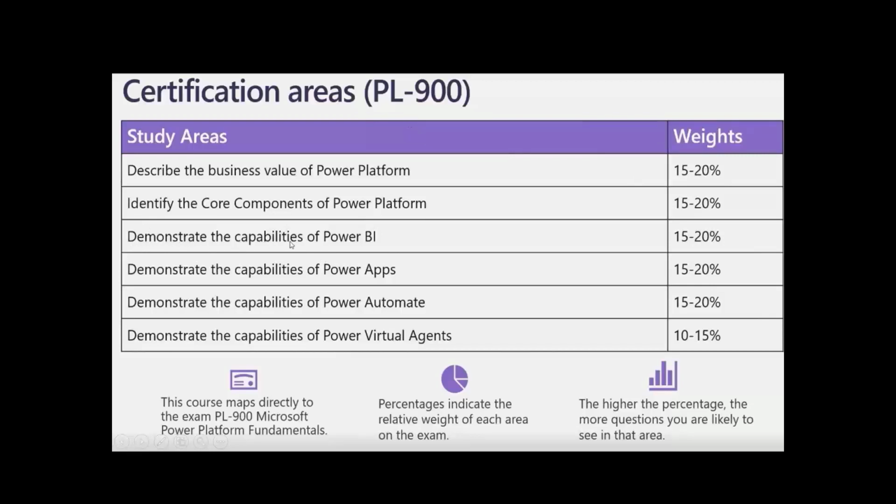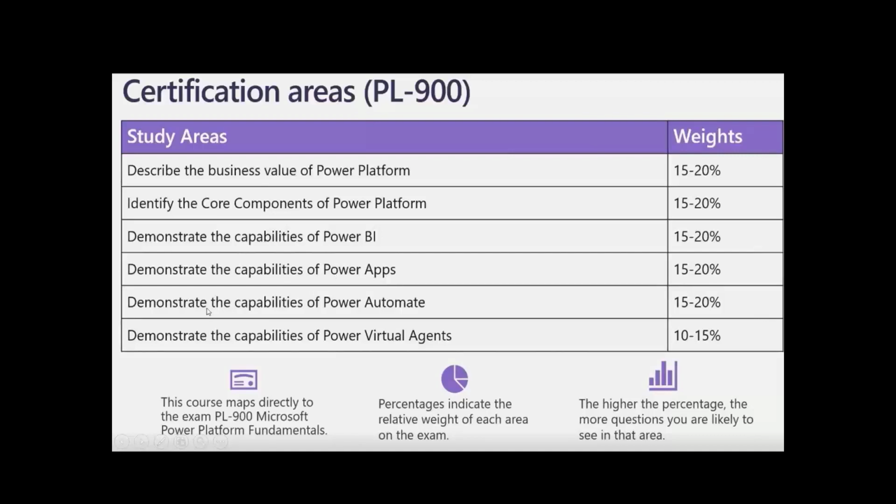Then we have the Power BI capabilities, which is another module, also 15 to 20%. There are topics for the capabilities of Power Apps, what we can do in Power Apps, all those details.